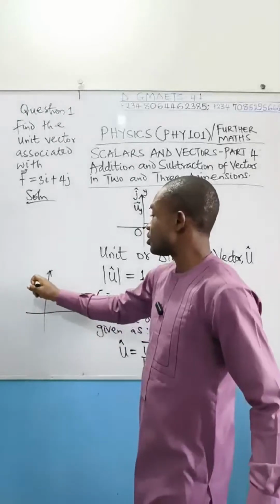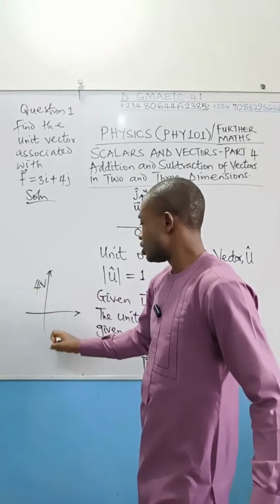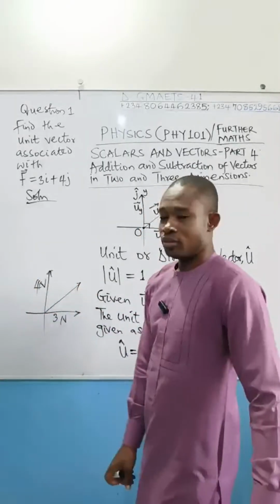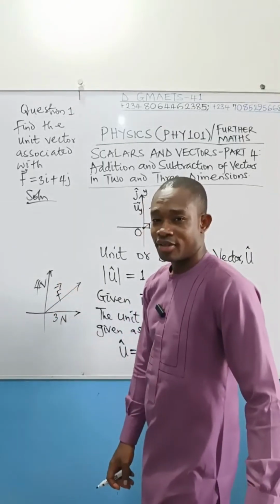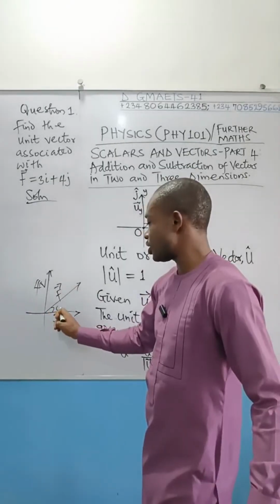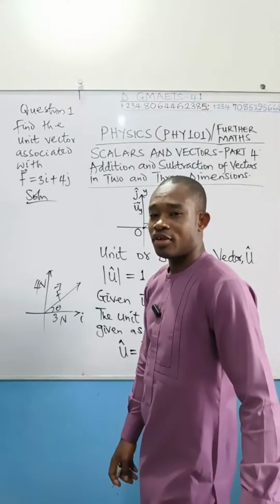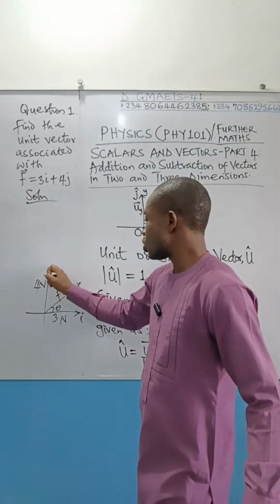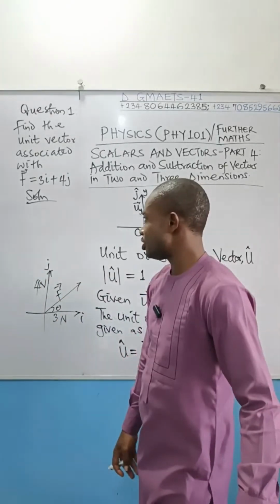So you can say that this is 4 Newton, this is 3 Newton, and then you have the given vector here, f. It makes an angle here, theta. Now this is your unit vector i in x direction, that is in x axis, unit vector j in y axis. So that's just the whole idea here.